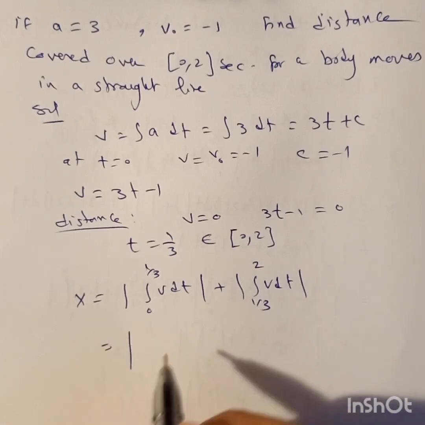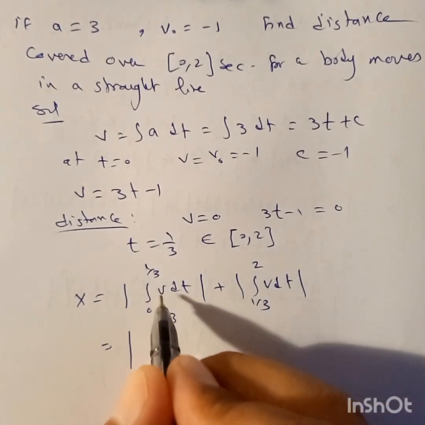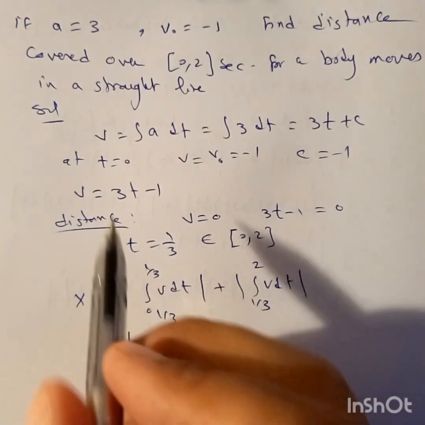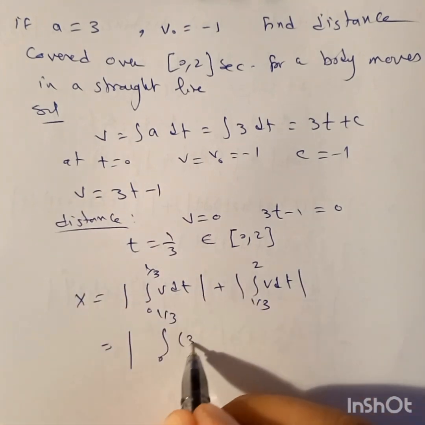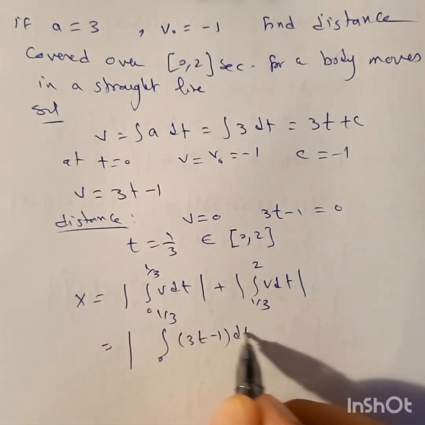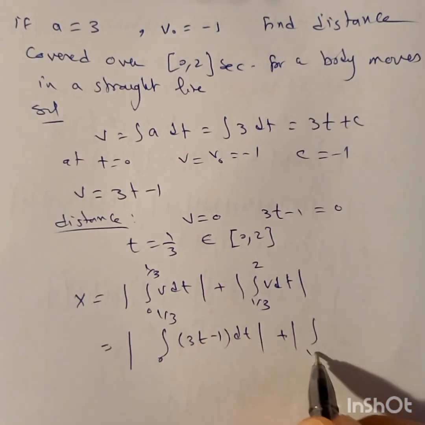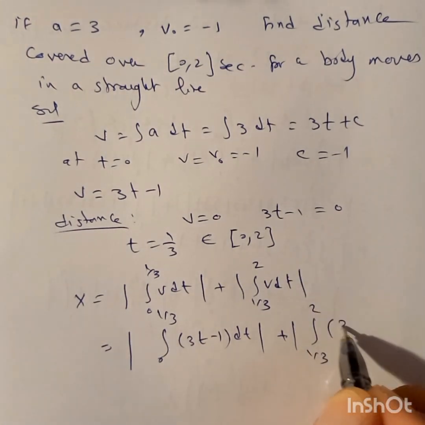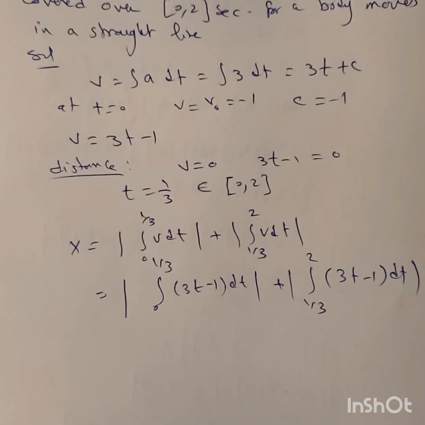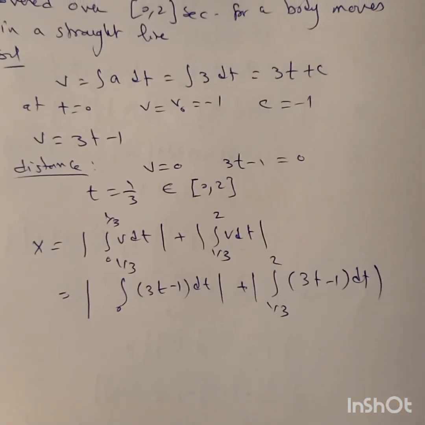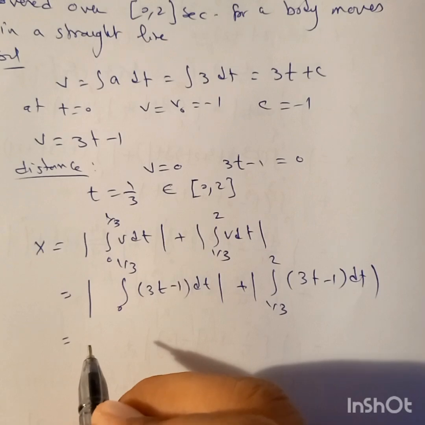Okay, then we have here modulus 0 to 1 over 3, the integration of v, okay, is here 3t minus 1 dt, and plus from 1 over 3 to 2, 3t minus 1 dt. Okay, modulus. Then we can execute this definite integration.